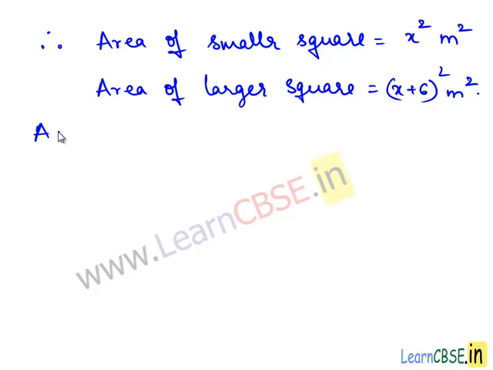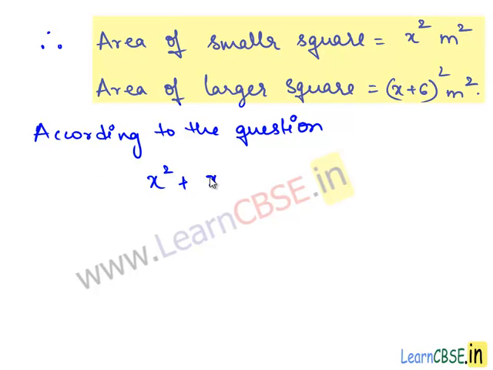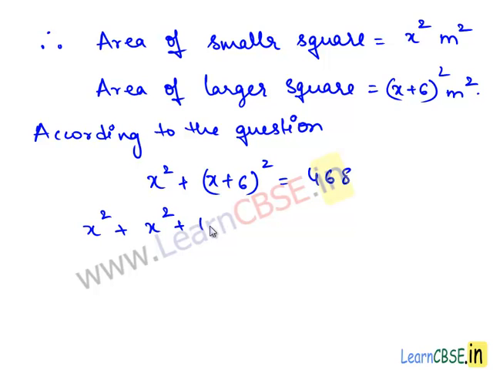But according to the question, sum of areas of two squares is 468 meters square. So x square plus x plus 6 whole square is equal to 468. On expanding, we have x square plus 12x plus 36 is equal to 468.